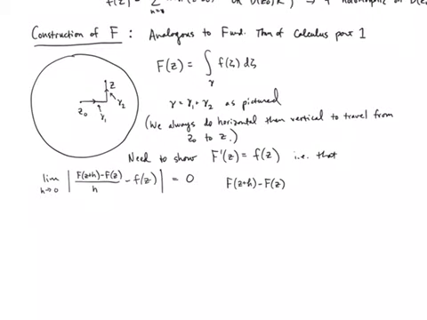I'll illustrate this in the picture up here. Let's say our z plus h is right here. Then F of z plus h, let me use a different color to emphasize, you get by integrating along this horizontal and then going up to z plus h.